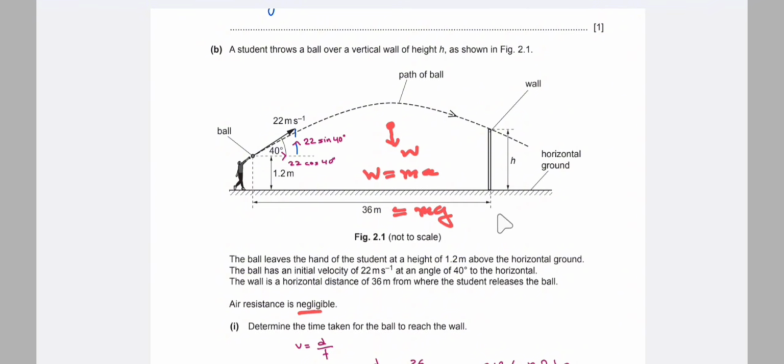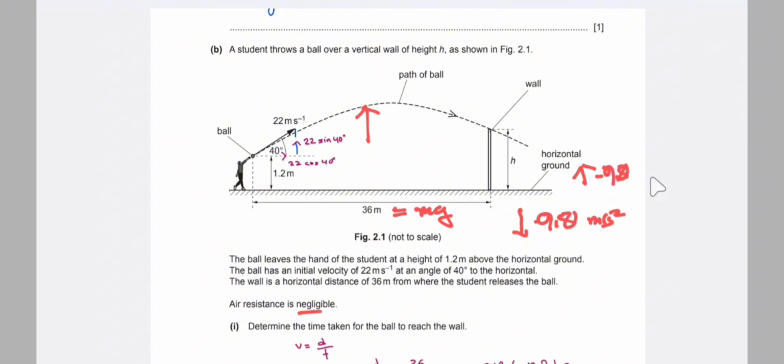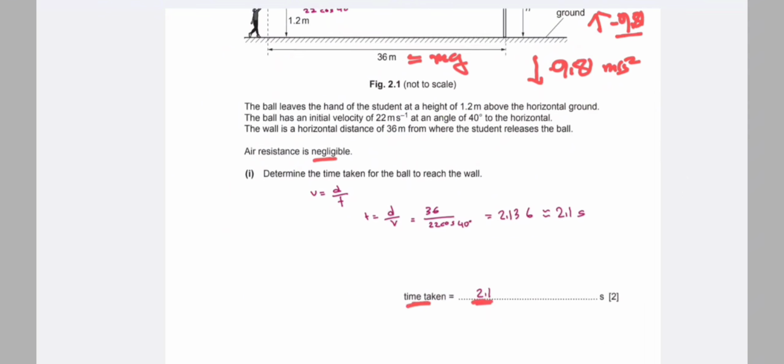The gravitational field strength downward is 9.81 meter per second square, and for upward movement, it is negative 9.81 meter per second square. Since the ball is moving upward, the acceleration is negative 9.81.